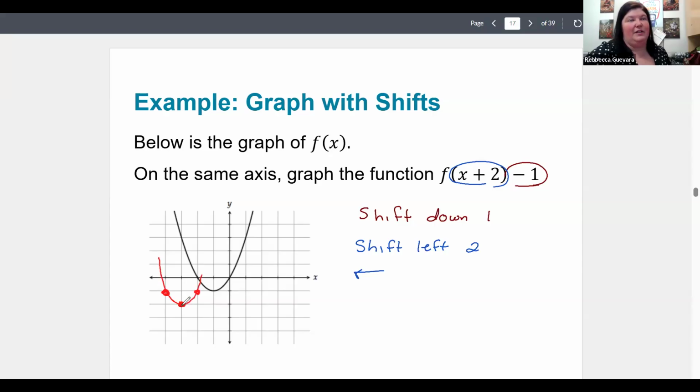Try to graph these on here. It's not going to be perfect. I'm just doing the best I can here. Hard to draw smooth lines on this, but that is going to be our new function, f of x plus 2 minus 1. Everything shifted down 1 unit, and then it shifted left 2 units.